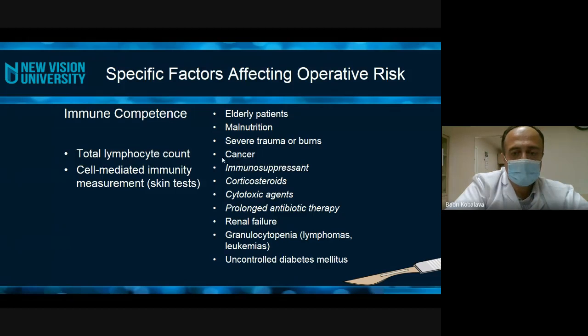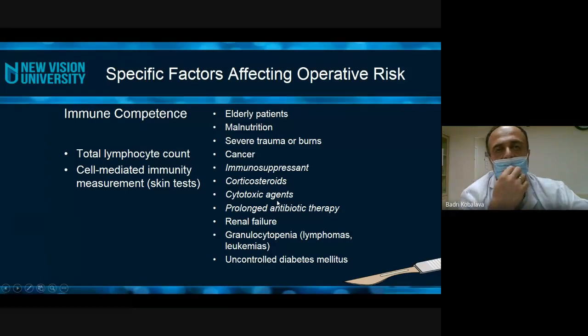And these are the cells of the bone marrow, lymph node cells, and cells of the reticuloendothelial system. That's why immunosuppressant medications have side effects, and one of the side effects is decreased immune competence.